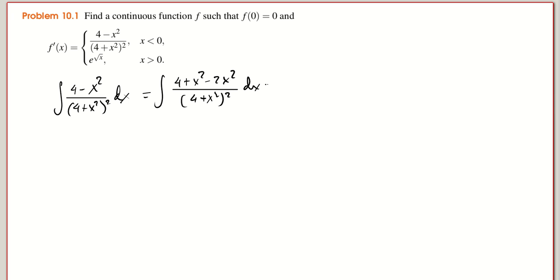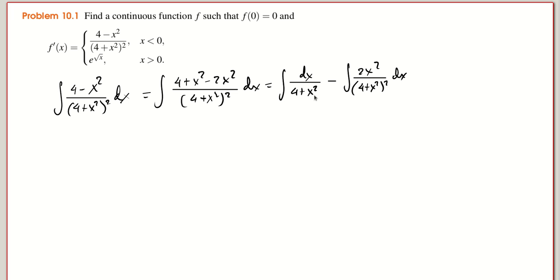And now we're going to separate this into primitives. The first one is this bit divided by this, but since it is the same factor, what we have is just dx over 4 plus x squared, right? And the second one is minus the primitive of 4 plus x squared dx.